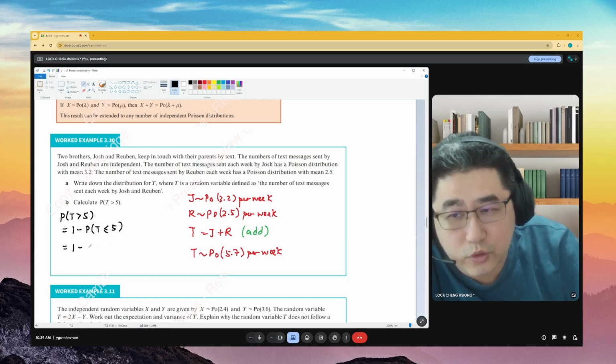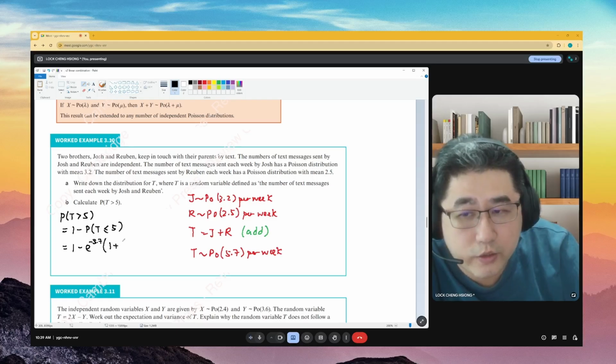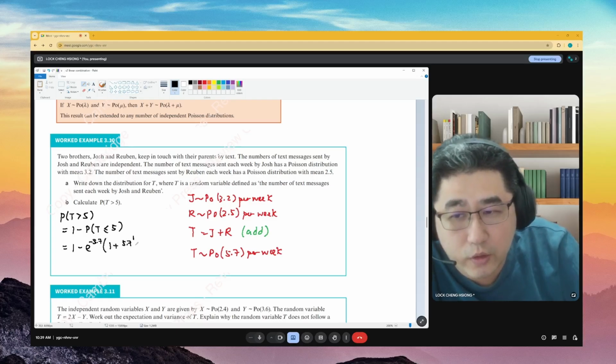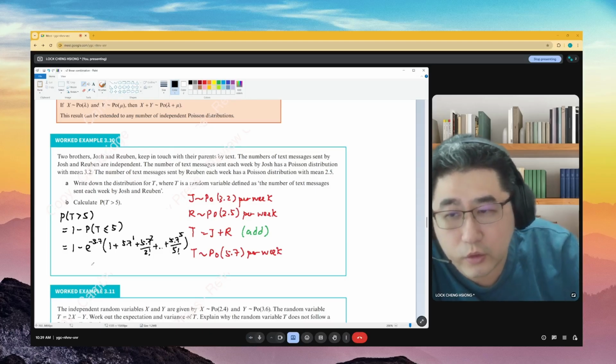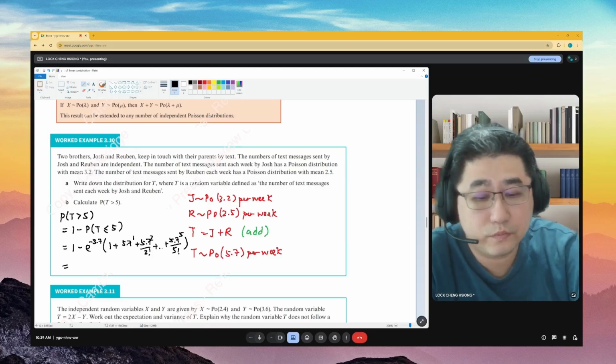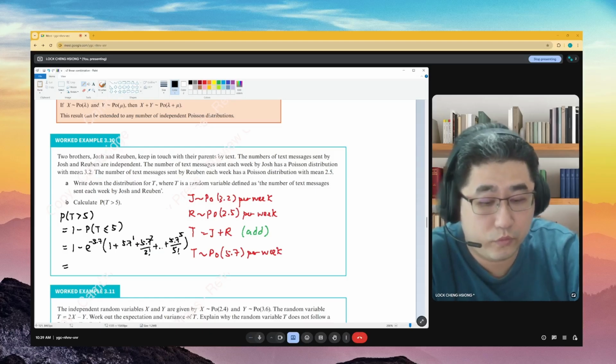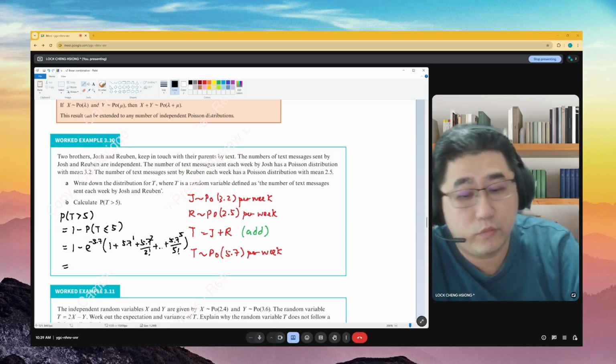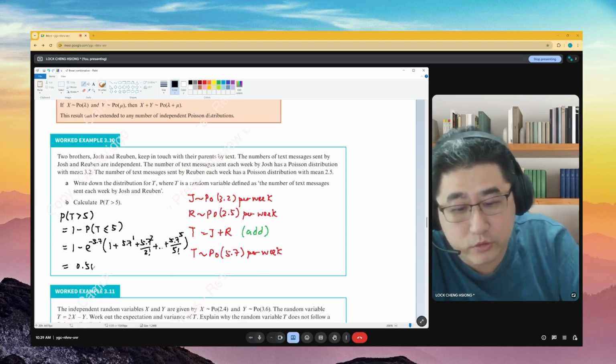So e to the negative 5.7, times 1 plus 5.7 to the power 1 plus 5.7 to the power 2 over 2 factorial, all the way to 5.7 to the power 5 over 5 factorial. Then you'll get your number, 0.505 at the end.